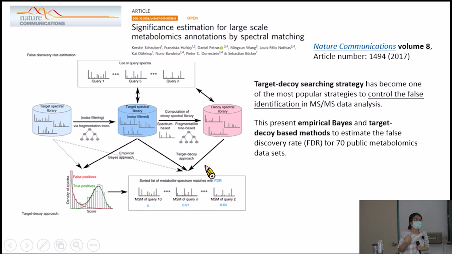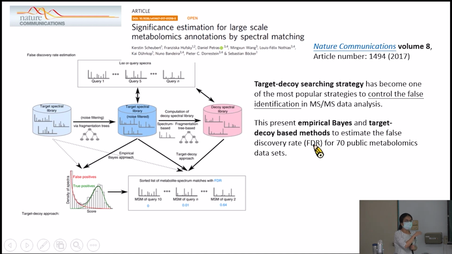Since we already know what is real and what is unreal, we can use the unreal library to predict the false discovery rate. So the authors used these two approaches to provide a good calculation that can help us predict the FDR.